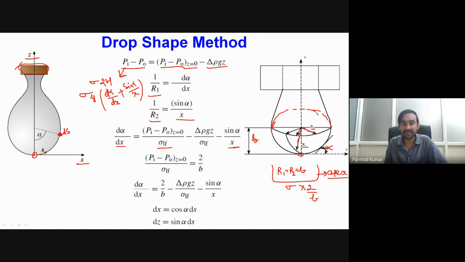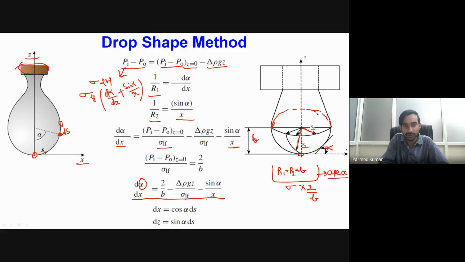Now if I substitute this value back, I will finally get d alpha by dx equal to 2 by b minus delta rho g z divided by sigma, minus sin alpha by x. In this equation, as we vary the point along the profile of our droplet, the value of alpha will be changing. So alpha is a variable, and at each point on the surface profile we have a different x and z coordinate.